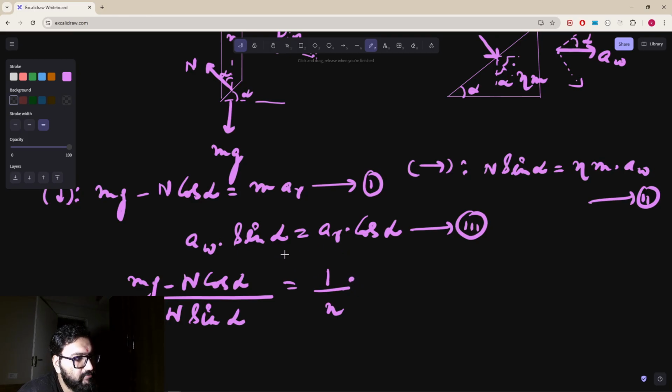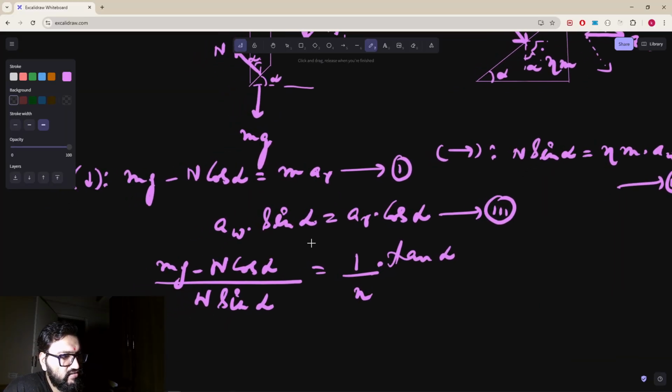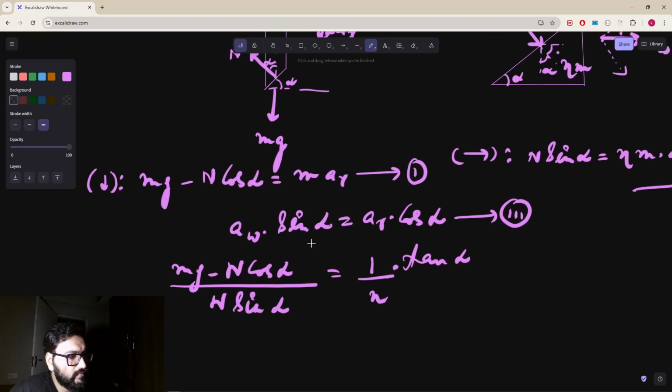Now AR divided by AW is nothing else but tan of alpha. Okay, alright, so this gives me some value of N.